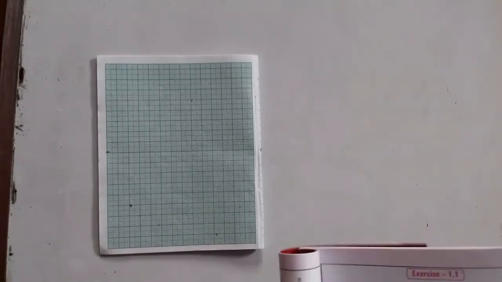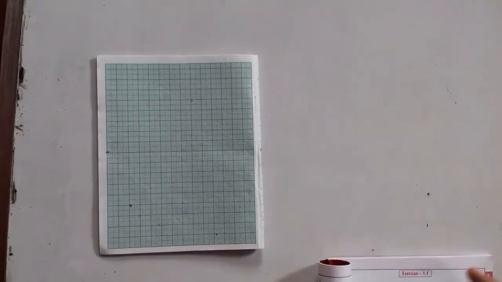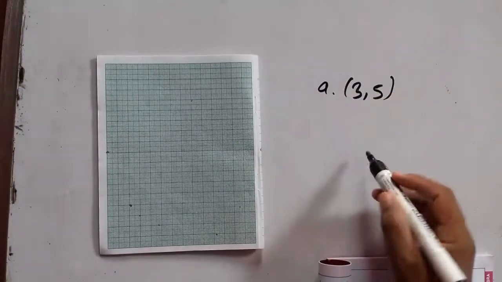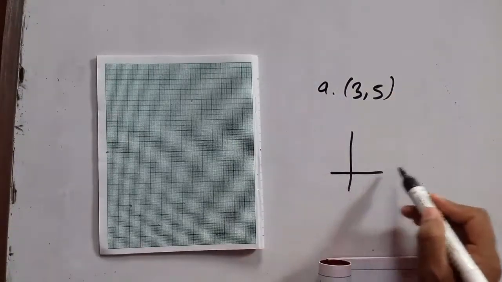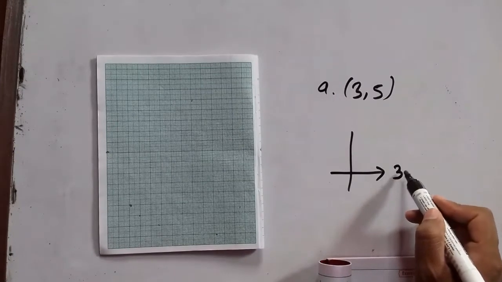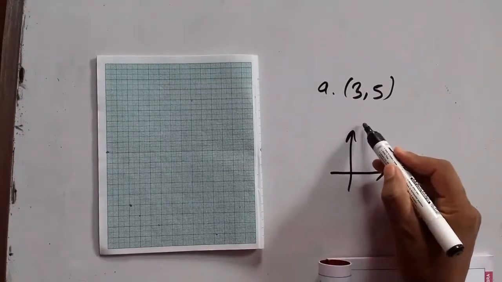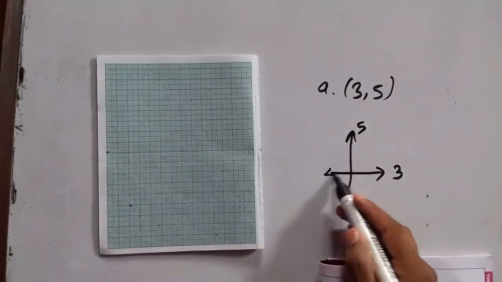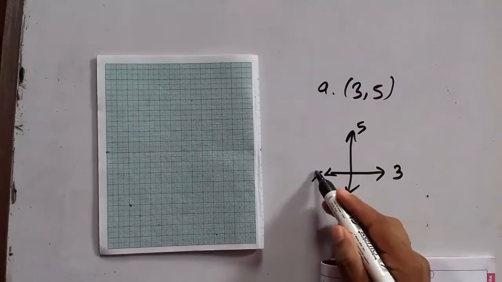Now we are going to use another method, that is plotting these points separately on different Cartesian planes. For A (3, 5), in the Cartesian plane we need numbers towards the right and up only. So on this side we don't need any number, so we draw like this.